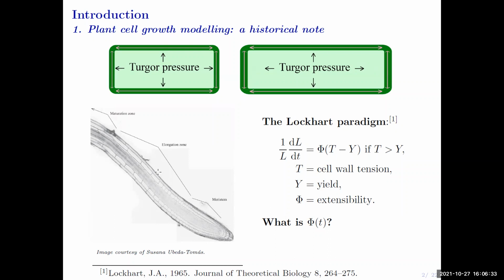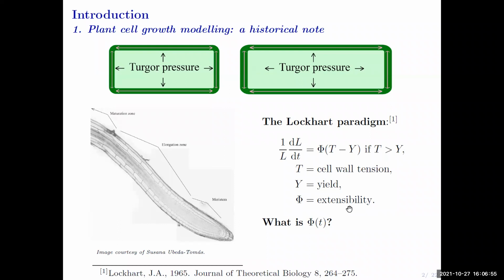Mechanical modeling of this system has been going on for decades, and one of the earliest examples is due to Lockhart in 1965. It links the relative elongation rate of the cell, L being the length along the growth direction, to the cell properties.